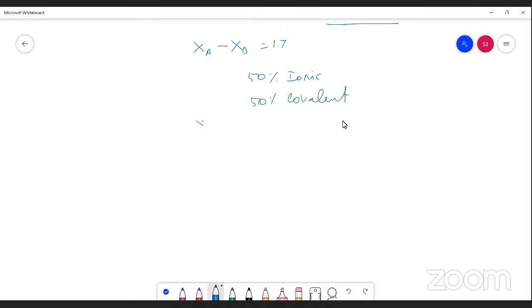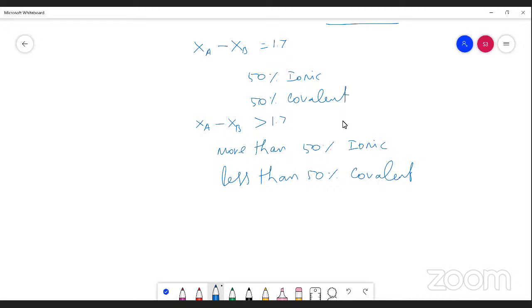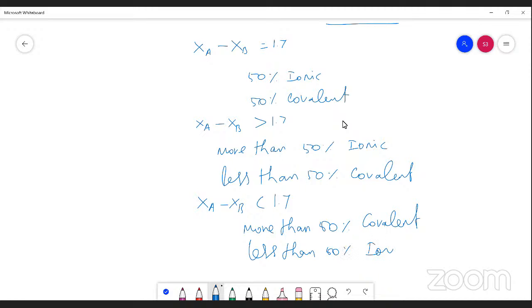That means more than 50% ionic character and less than 50% covalent character. Lastly, if the electronegativity difference between atoms A and B is less than 1.7, it means more than 50% covalent character and less than 50% ionic character.